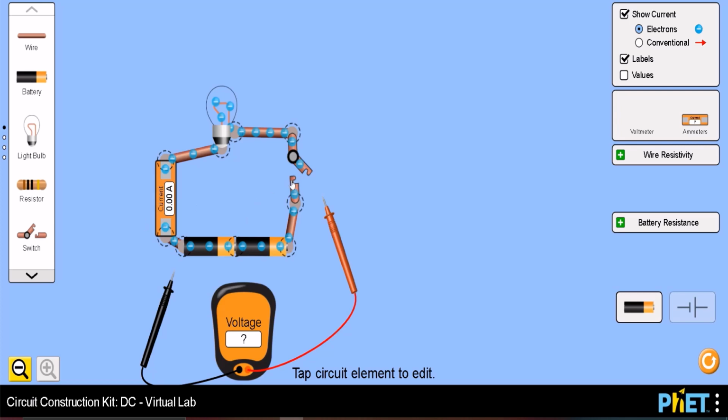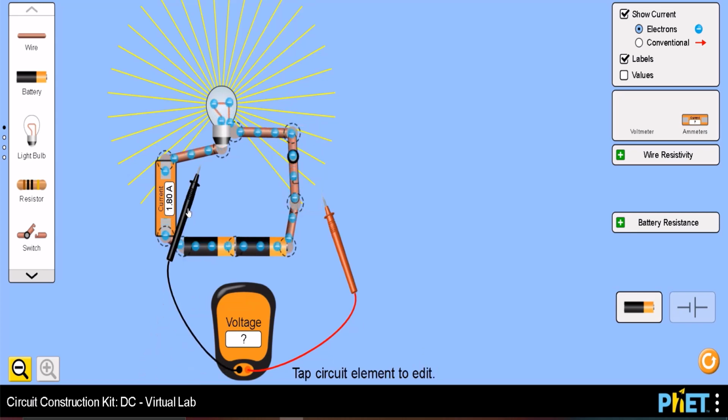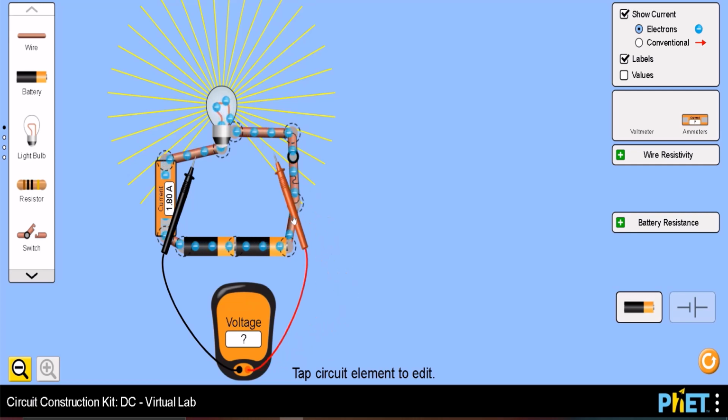And on closing the circuit, now see, the current is also doubled. It is 1.80 ampere now. The voltage across the bulb is also double the previous value. The current has also become double. The brightness therefore is double.